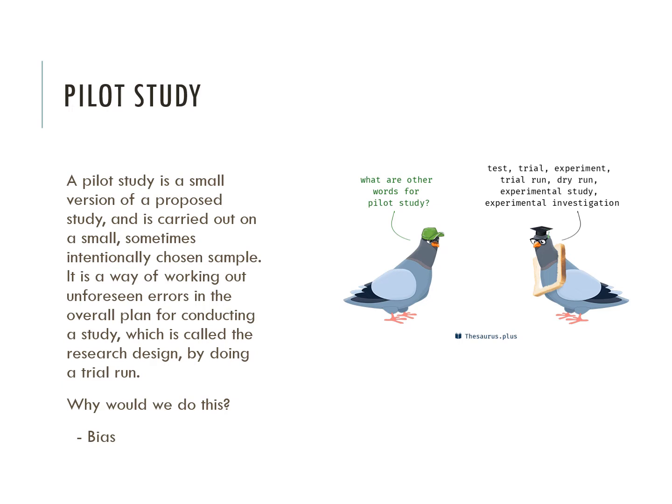We're going to talk about samples a little bit more this chapter and then again later in the term, but we're going to specifically pick out people we want to be in our pilot study because we think that they will be good samples and will help give us the feedback that we need in order to evaluate our research study critically and in a manner that's going to give us the best path forward. And so it's a way of working out some of those unforeseen errors in the overall plan for conducting a study, which is called the research design, by doing a trial run.